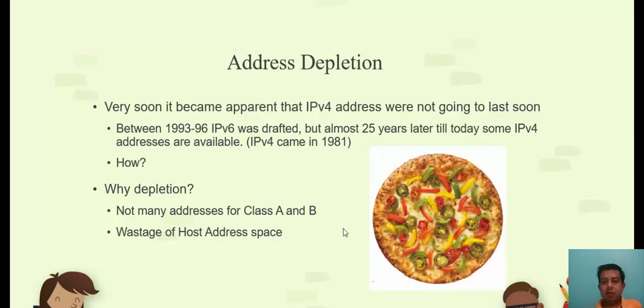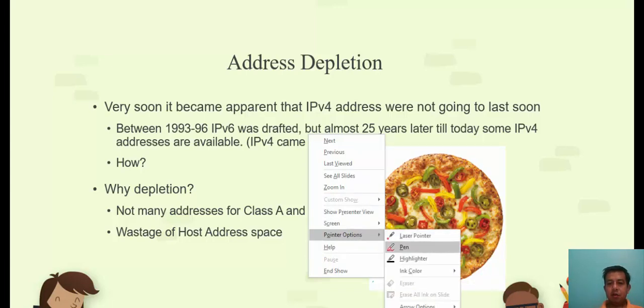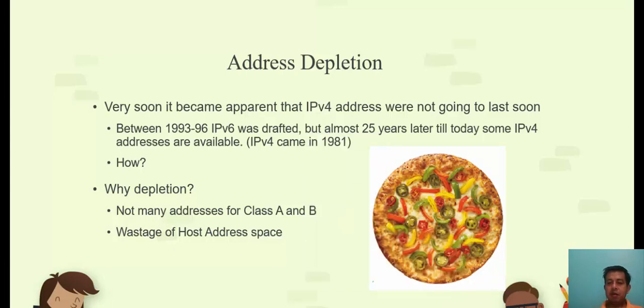To give an analogy, say you want to buy a pizza, and the pizza shop has already fixed the size of the bite. Class A is of large size, something like this. Class B is a middle size like this, and class C is a small size.